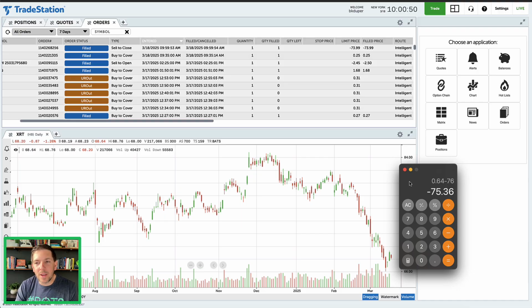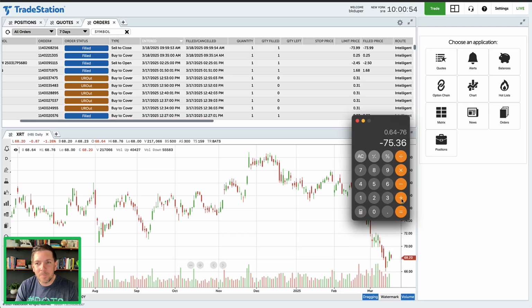So what we want to do now in our calculator here is add in that credit. Remember, we started with 64 cents of our original credit. We subtracted $76 because that's how much we bought stock for in XRT. We were forced to buy it at the strike price of 76. And so now we add back in our credit of $73.99.